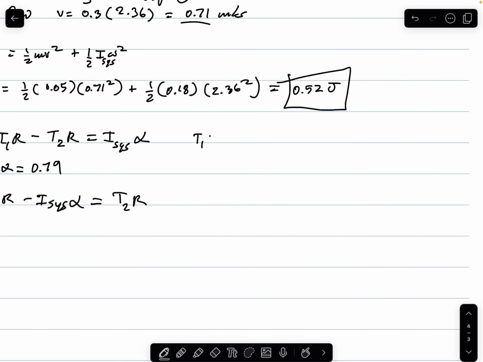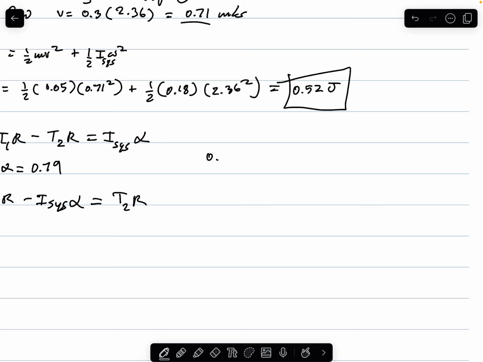In order to find tension 1 and tension 2, I need to set up the net force equations for each tension. So for tension 1, the opposing force is the mass of the 70 gram mass, and 70 grams to kilograms is 0.07.